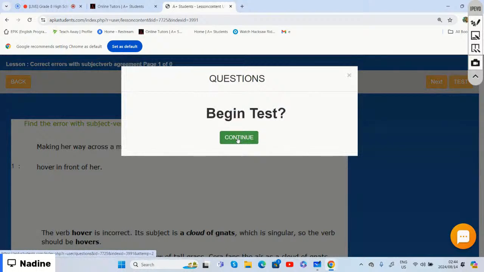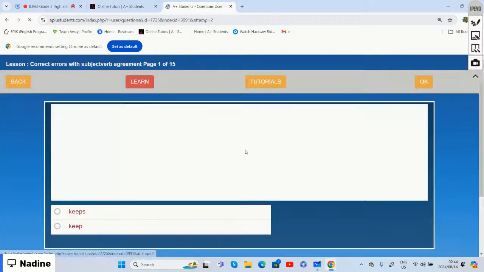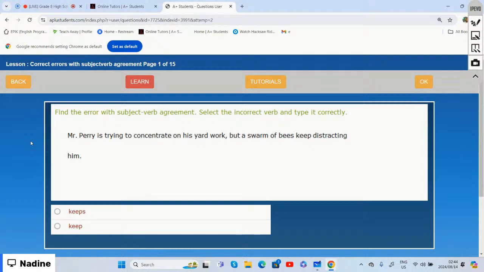Before we end our lesson, it says, we need to find the error with the subject verb agreement, select the incorrect verb and type it correctly. So Mr. Perry is trying to concentrate on his yard work, but a swarm of bees keep distracting him.